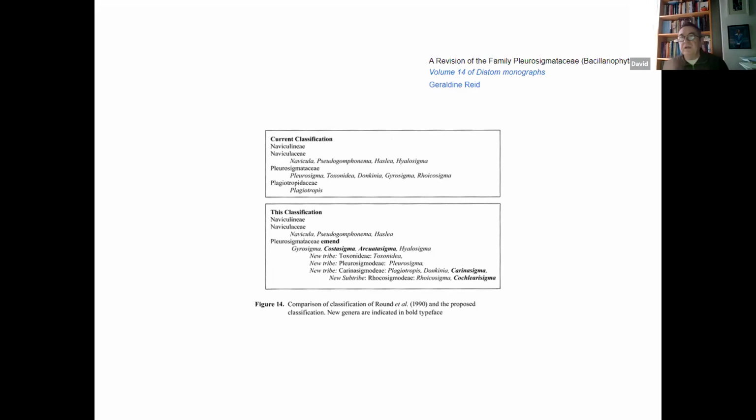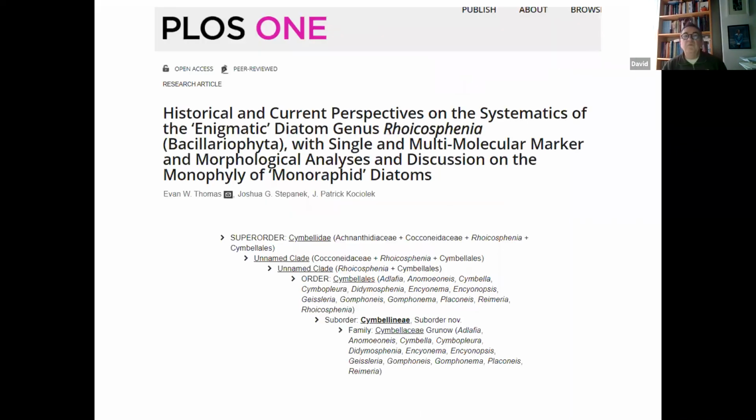I couldn't tell you what characters define those. She did have them, but it's there. That's a much more useful classification than the one above, which just has 3 families and the names are just associated with that. Here's a more detailed one, which I've used again with Rhoicosphenia, or monophyly of monoraphid diatoms.